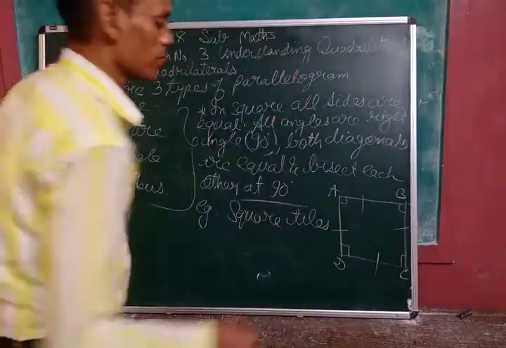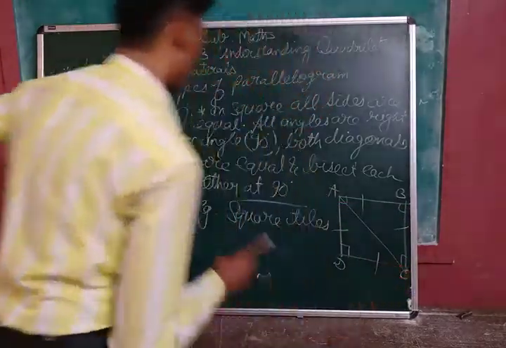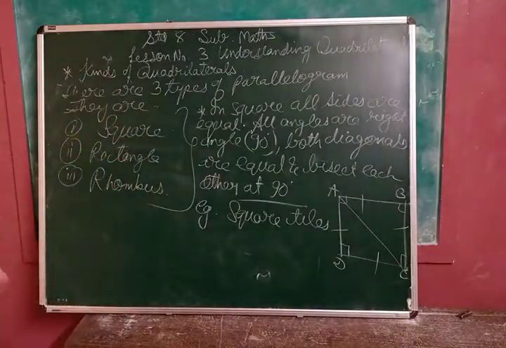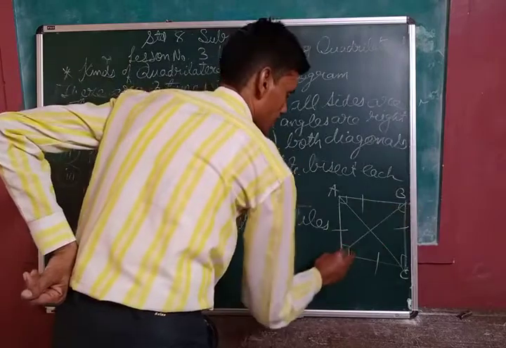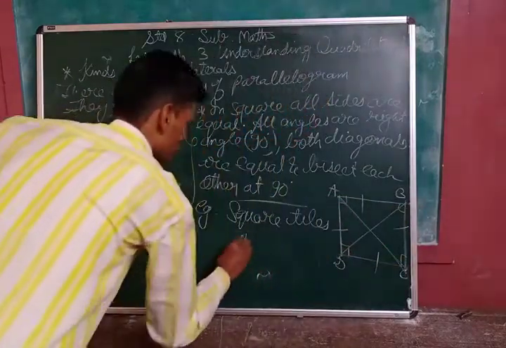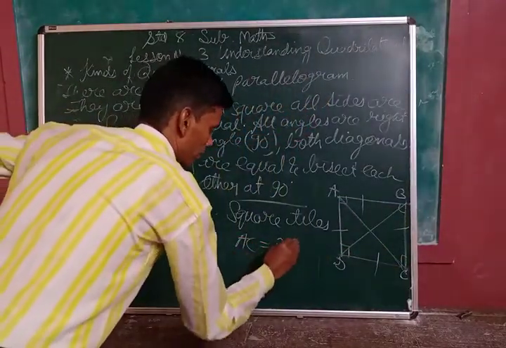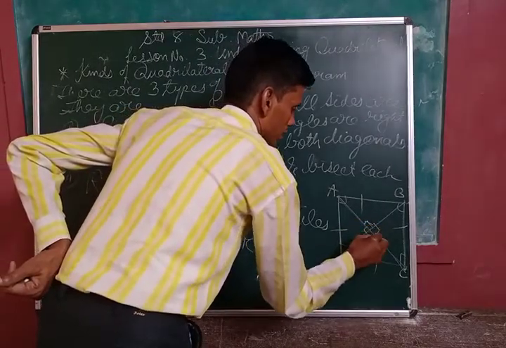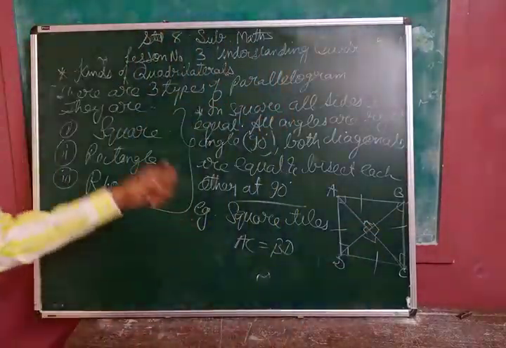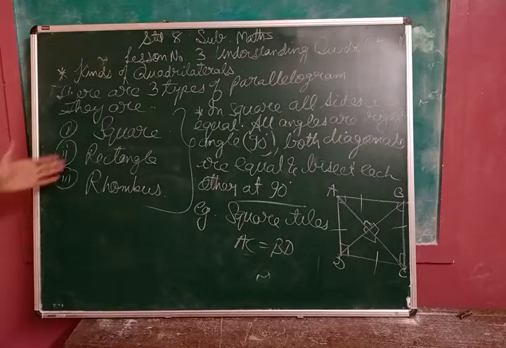This angle is 90. Both diagonals are also equal and bisect each other. These are the diagonals. AC equal to BD and they are intersecting at 90 degree like this. Is that clear? This is a kind of a square.